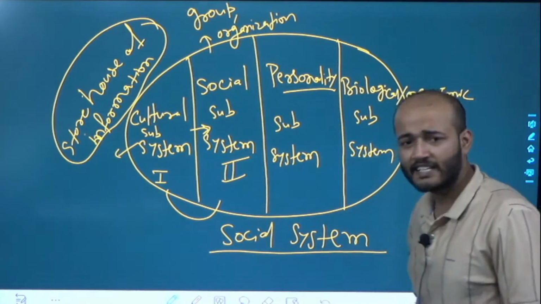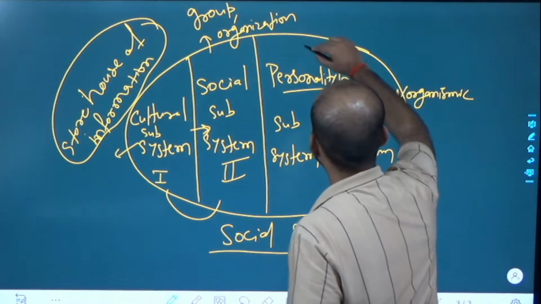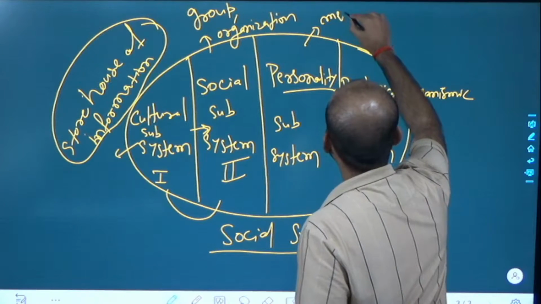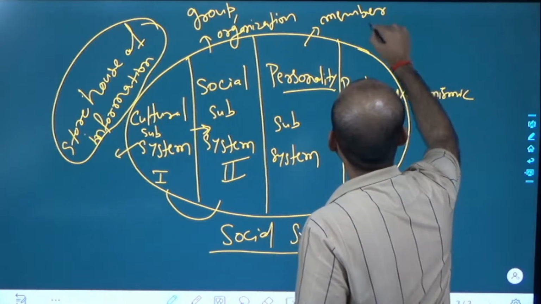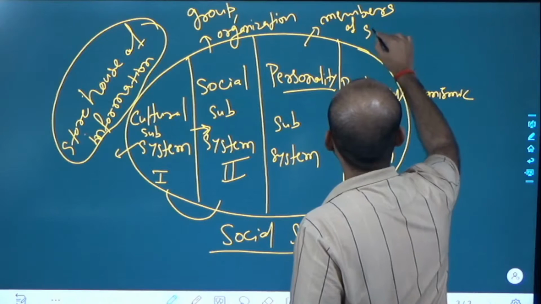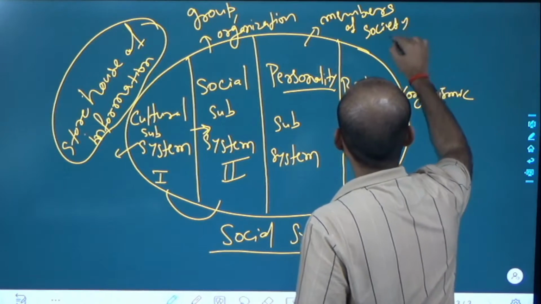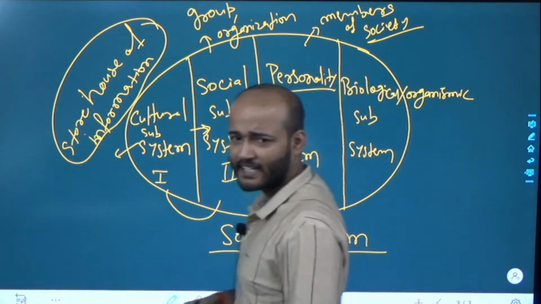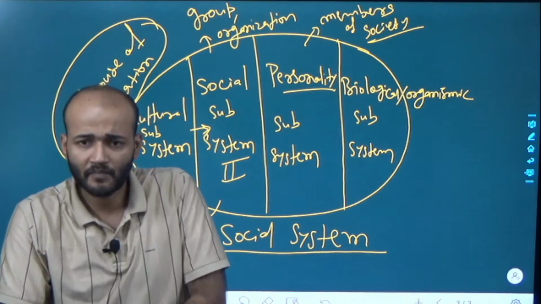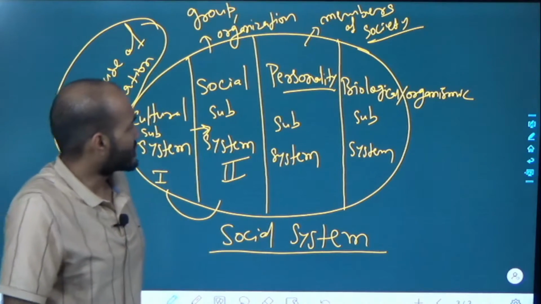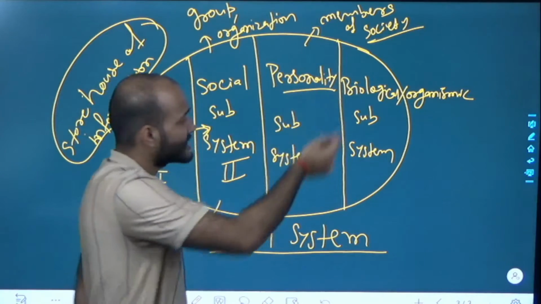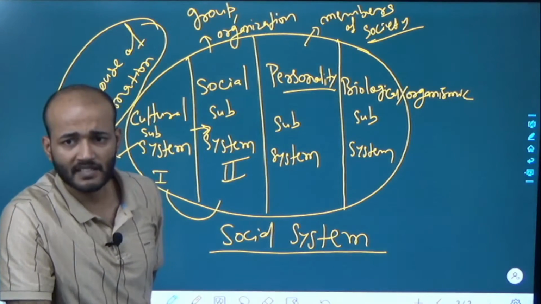Again, the personality system means the members of society, an important factor for the functioning of this system. Further, for functioning, there is individual action, the person's action.